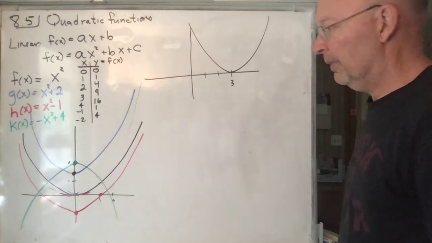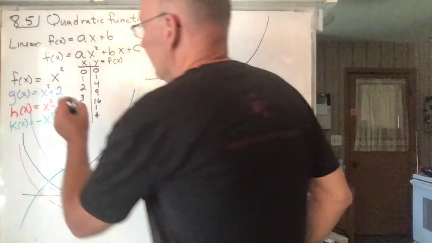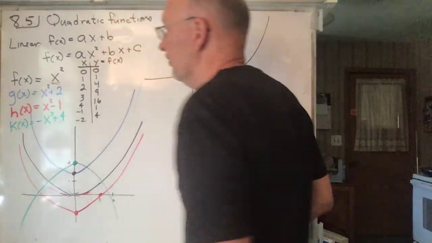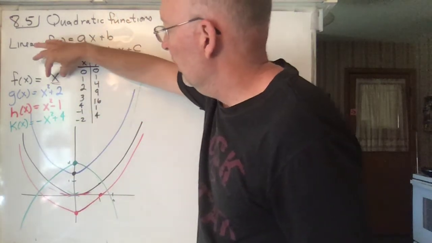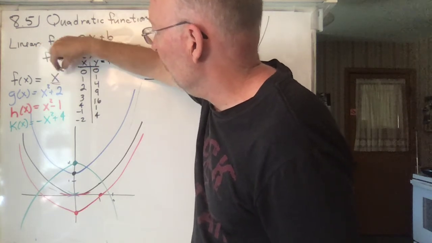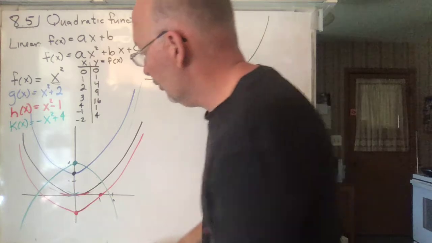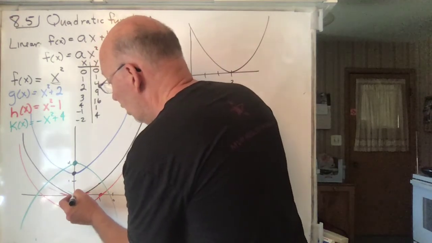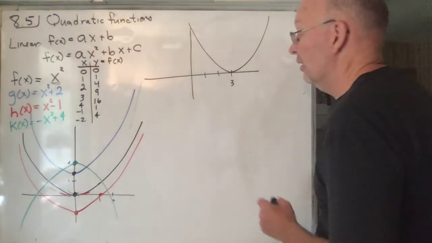Let's think about it. The key thing here is that the vertex occurs when you're taking 0 and squaring it. It's 0 squared, which is 0, which gives us the vertex.